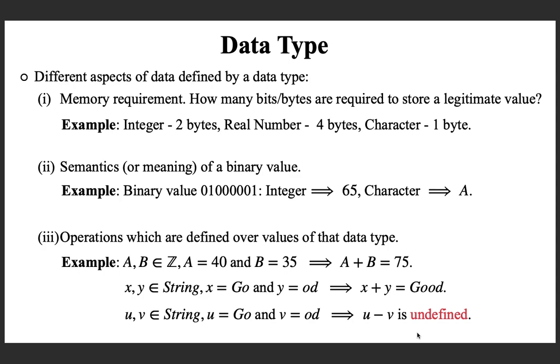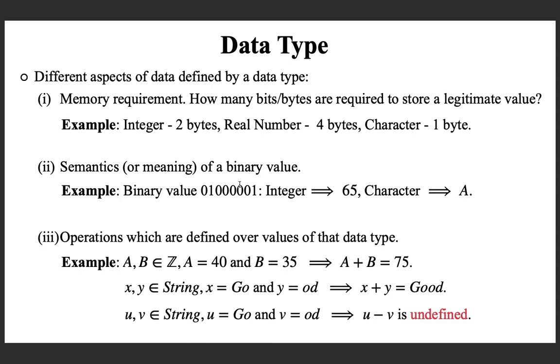Okay, these are just abstract views about the data type. When you learn the data structure course later in your BTech, you can see more about data types. So here you have to remember that the memory requirement is decided by the data type. The meaning of a binary string represented is decided by the data type, and which are the operations permissible are also defined by the data type.